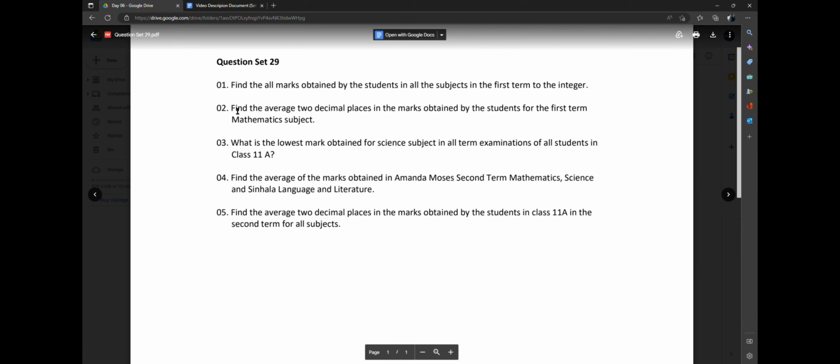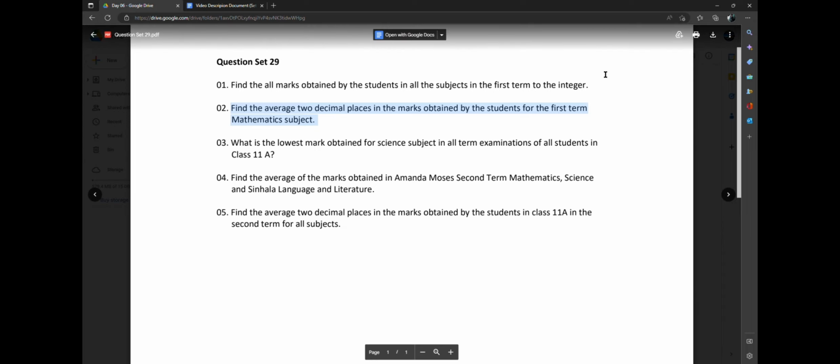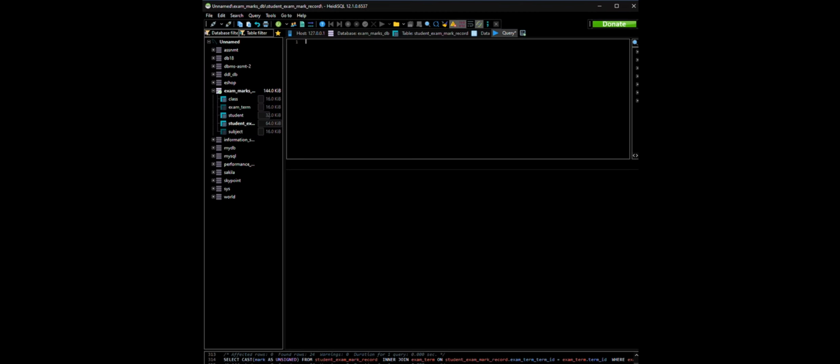Our second question: find the average to 2 decimal places of the marks obtained by the students for the first term mathematics subject. Alright, so let's answer this question in our HeidiSQL. So we need to find the average of all the students' marks in the mathematics subject for the first term up to 2 decimal places.